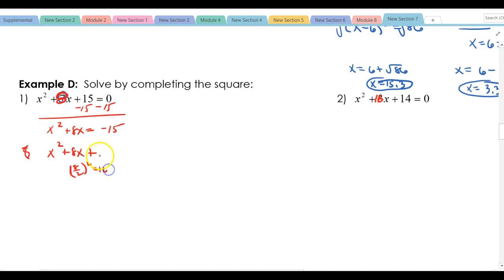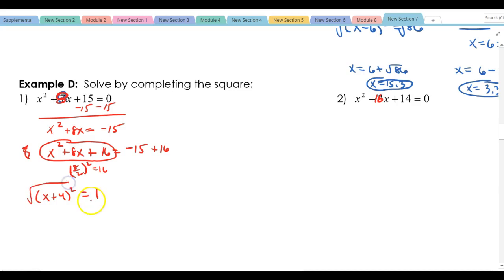That'll give me 16. So I'm going to add 16 here, and I'm going to add 16 here, right? When I write this as a binomial squared, x plus 4 all squared equals negative 15 plus 16, which is 1.